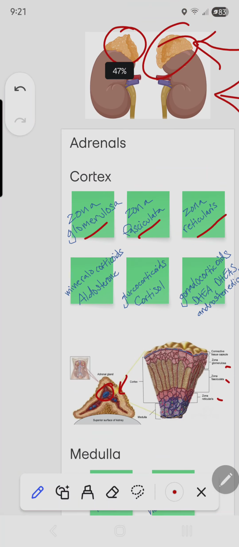Each one of these zones produces hormones called corticoids. The zona glomerulosa is going to produce your mineralocorticoids, which is usually aldosterone. The zona fasciculata is going to produce glucocorticoids, the main one being cortisol.